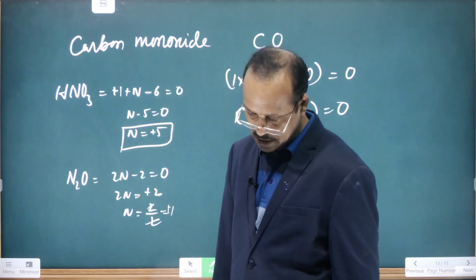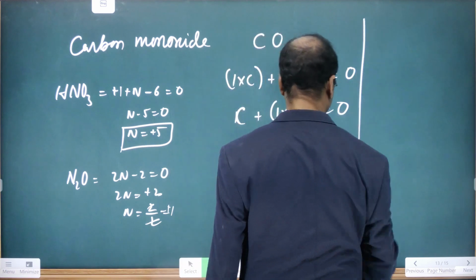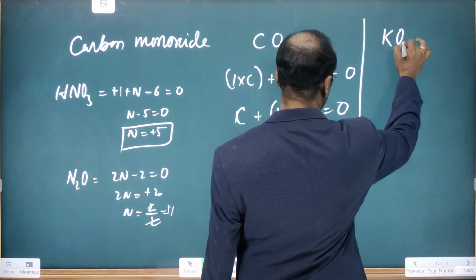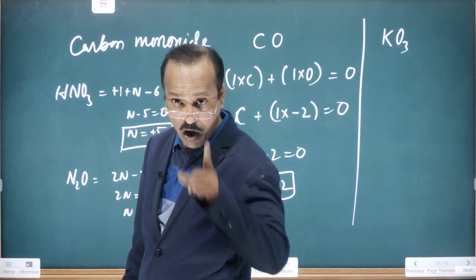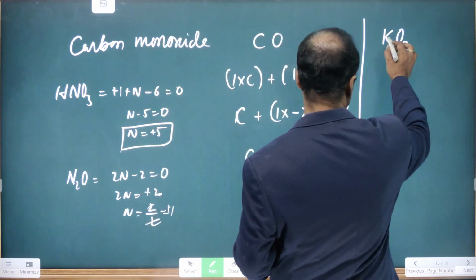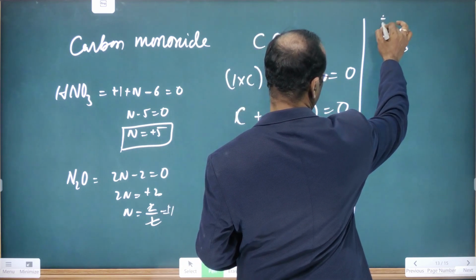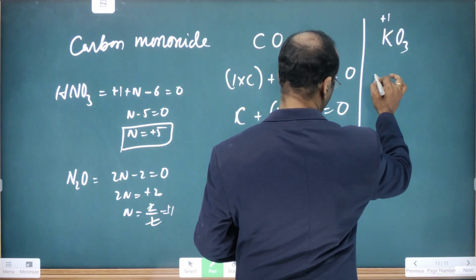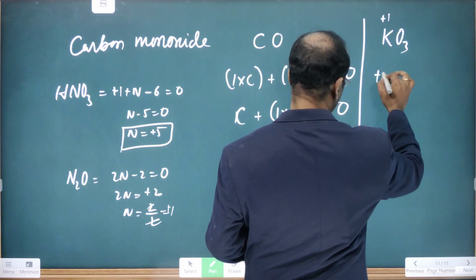Now the 10th one also you see: the oxidation number of oxygen present in KO3. They asked the oxidation number of oxygen. So here you know that the potassium oxidation state is plus 1. What is the potassium oxidation state? Plus 1. So here plus 1, and oxygen we don't know, 3 oxygens are there, right? Then what do you write?